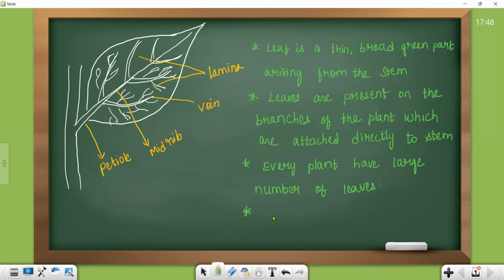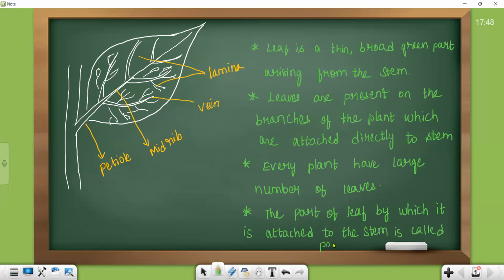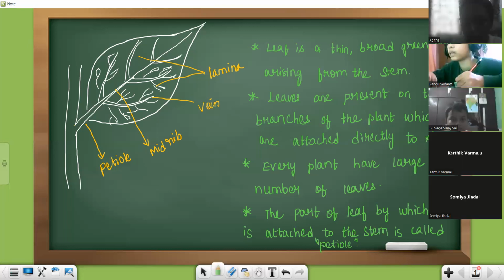So the part of the leaf by which it is attached to the stem is called what, students? Petiole. Clear with whatever we discussed till now? Yes, ma'am.